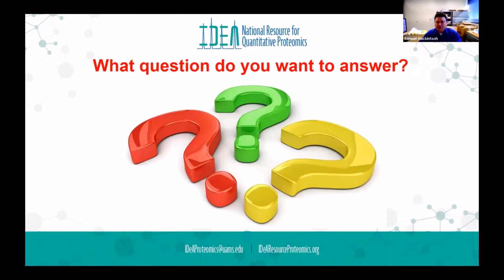So we'll look at some specific questions that need to be answered in most cases before you do a proteomics experiment. The first is, what question do you want to answer? What's the hypothesis? We touched on this before. You don't necessarily have to already know the answer. Your hypothesis doesn't have to be, protein X increases threefold under this biological condition.